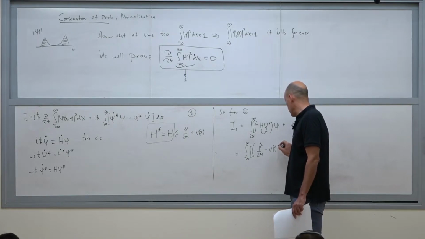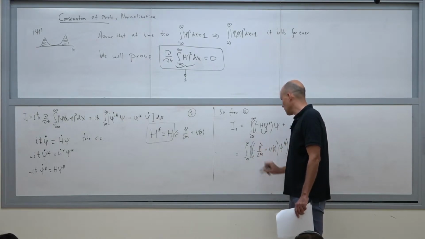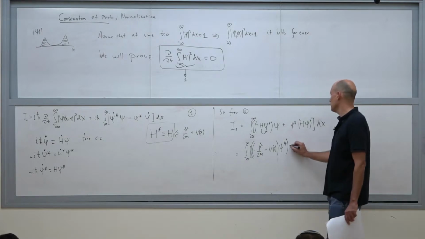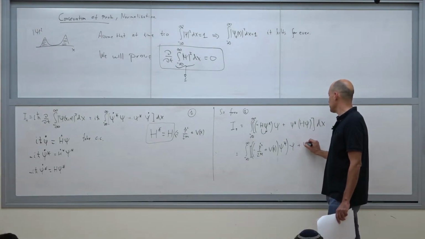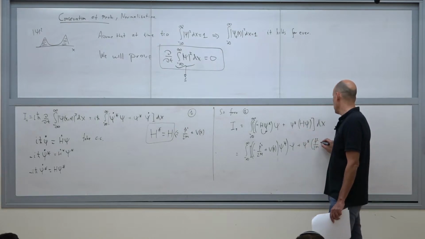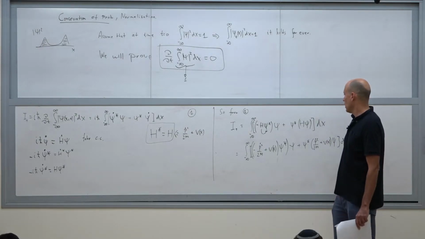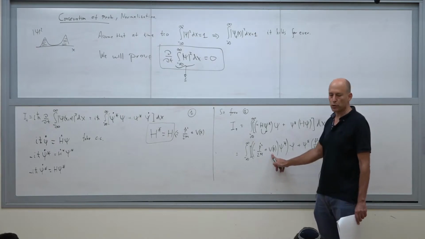So this is operating on psi star. Actually, you need two of these: psi plus psi star. P squared over 2m is an operator. This is this H plus v of x psi, all this dx.